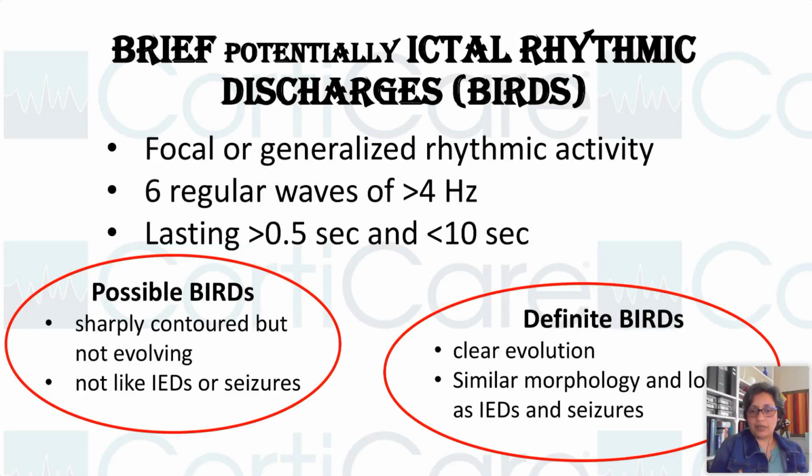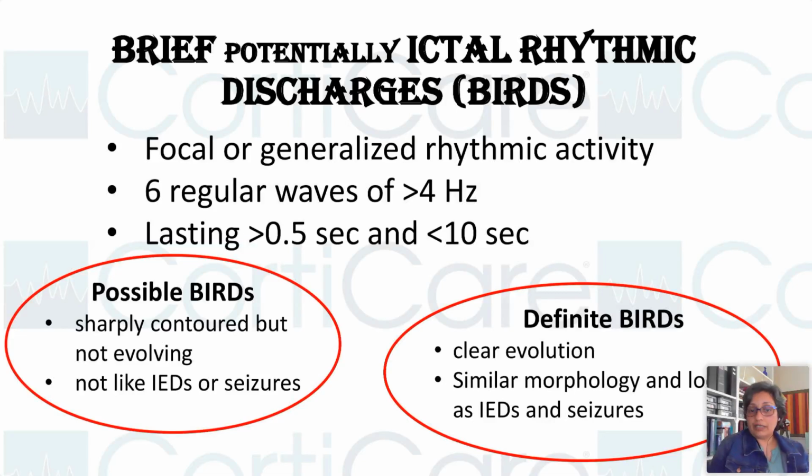They are happening where I was seeing epileptiform discharges. These are either focal or generalized, and it is a rhythmic activity. There have to be at least 6 regular waves of a rhythmic or focal activity lasting less than 10 seconds, but more than half a second.